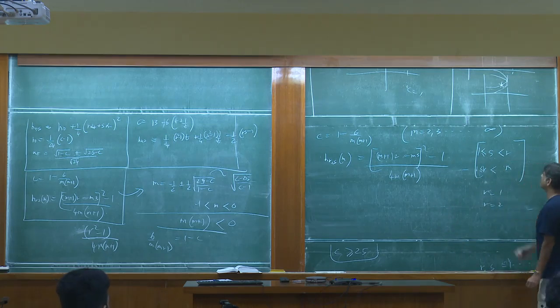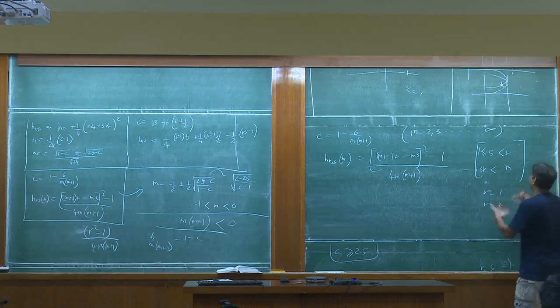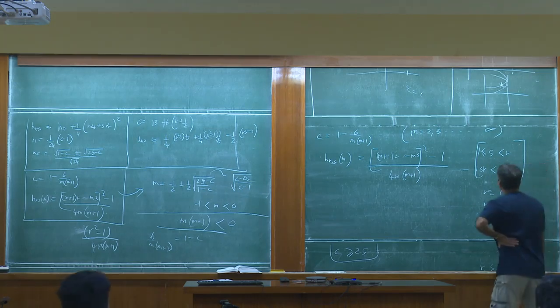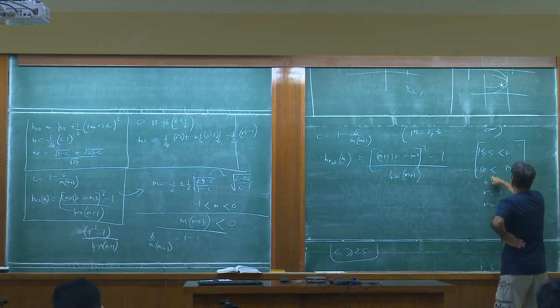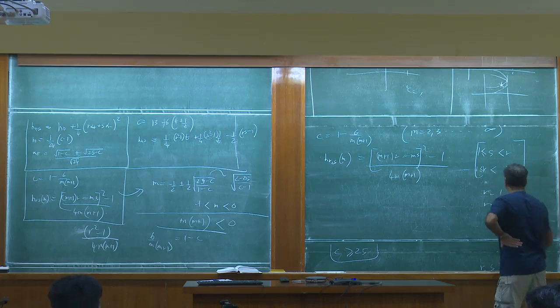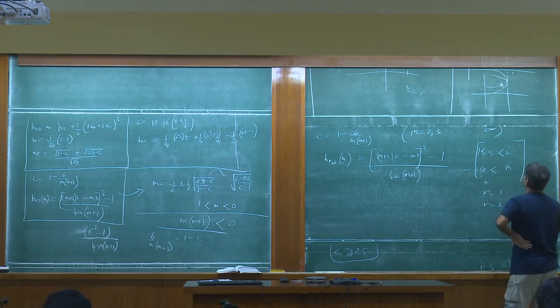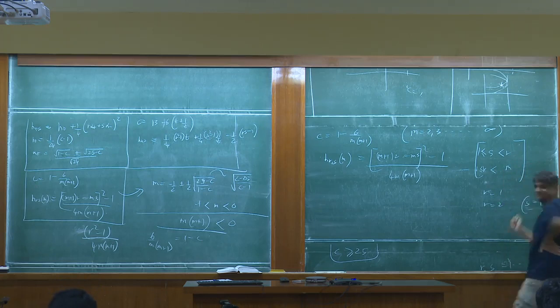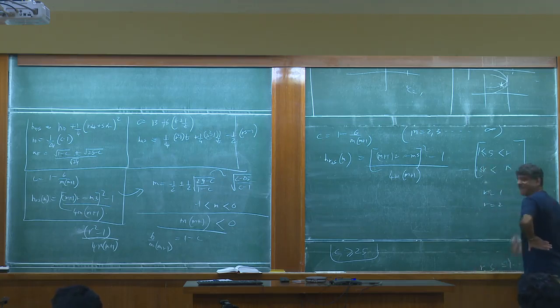If R is equal to 1, there is no such S. But when R is equal to 2, we can have S is equal to 1. So we've got these values. R is equal to 2, S is equal to 1.